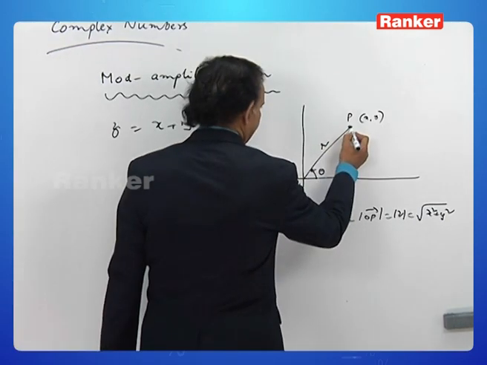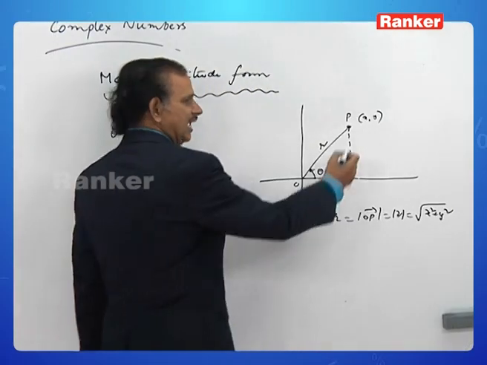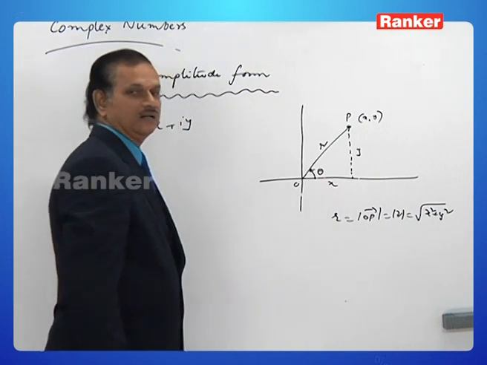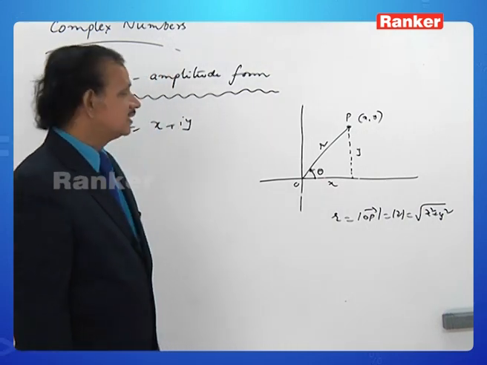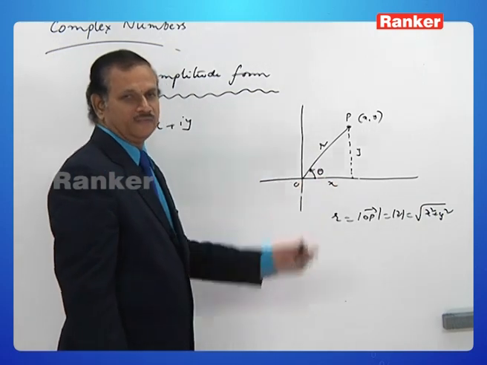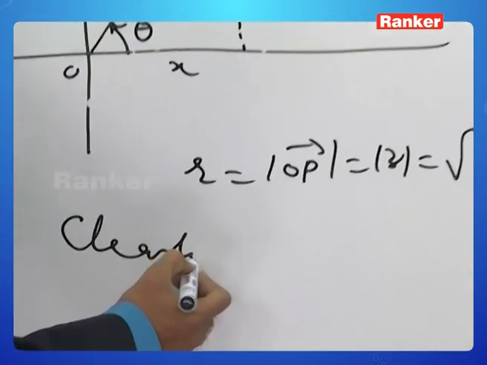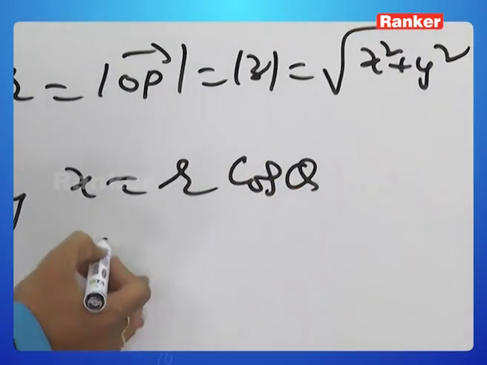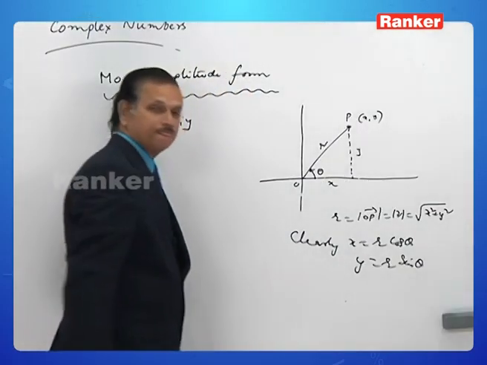Then, as this is the point (x, y), this is x and this is y, it is a very easy matter to see that cos theta, from this diagram, is x by r. Therefore, x is equal to r cos theta, and similarly y is equal to r sin theta.